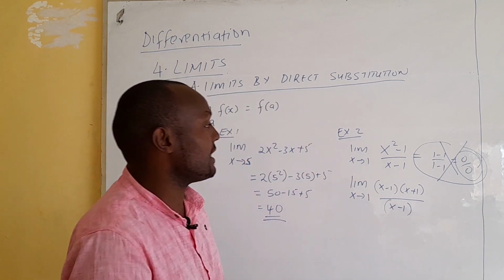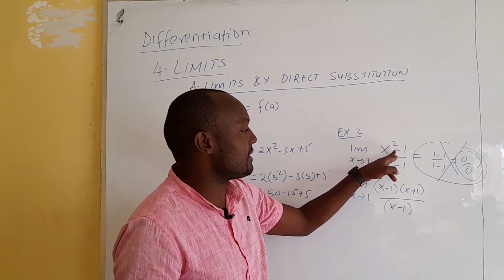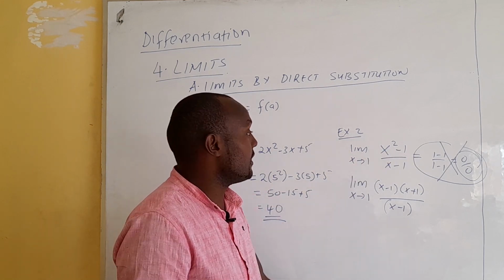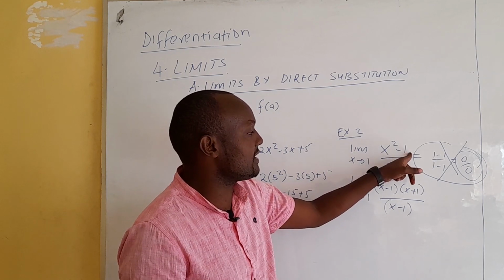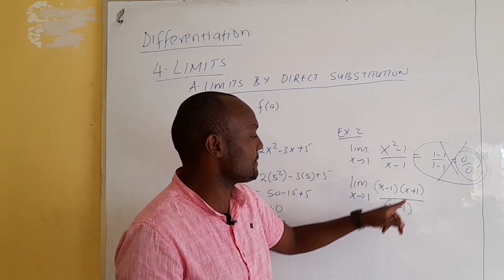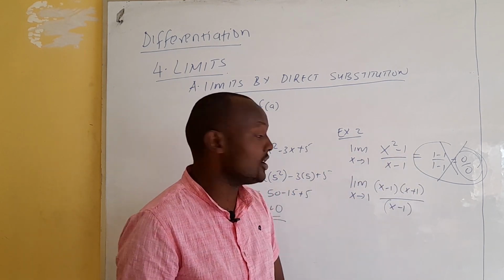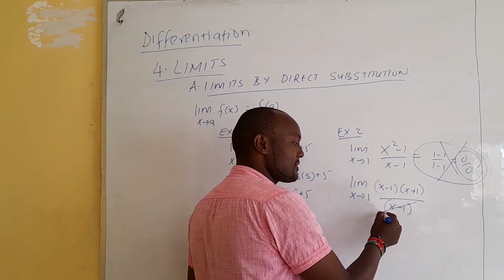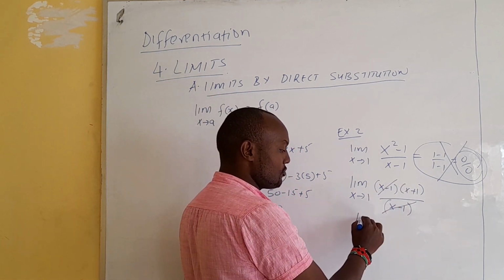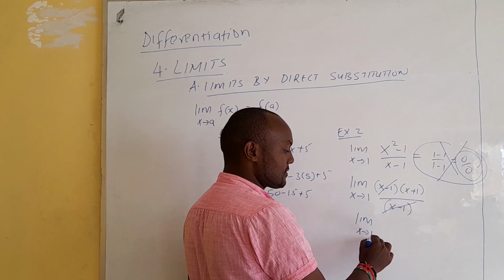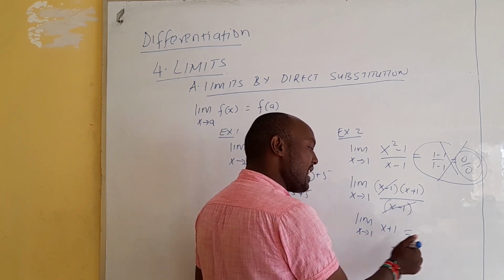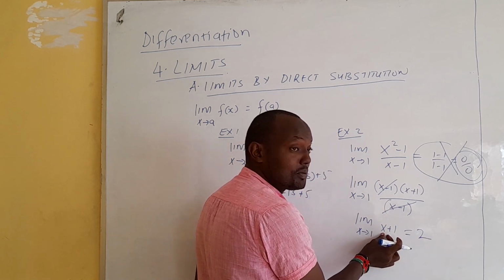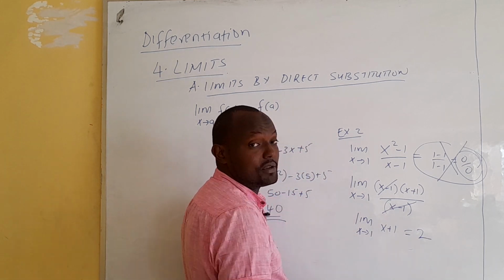What I have done is factorize x squared minus 1, a difference of two squares, so it will be x minus 1 times x plus 1, using the square root of x squared, which is x, and the square root of 1, which is 1. Now you can see that this one and that one will cancel out. So this will be the limit as x approaches 1 of x plus 1. So when you replace now, you will get 2, because you replace x with 1, 1 plus 1, and you get 2.